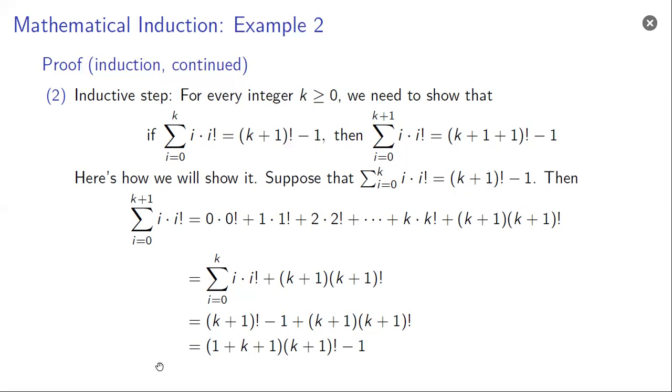Now let's simplify this for a second. That is (k+2) times (k+1) factorial minus 1. Now, what is this? (k+1) factorial means you start from k+1, then multiply by k, then k minus 1, and so on, all the way down to 3 times 2 times 1.